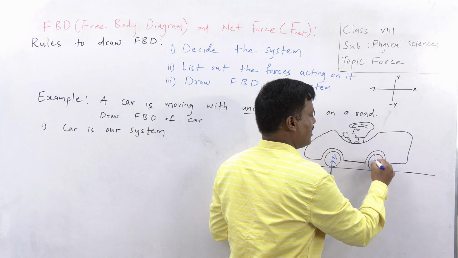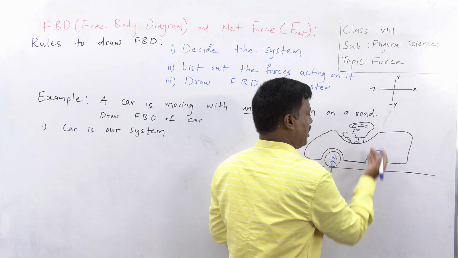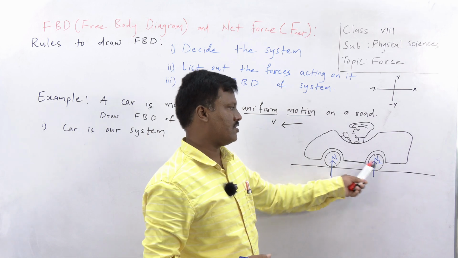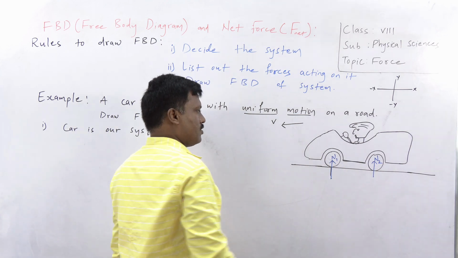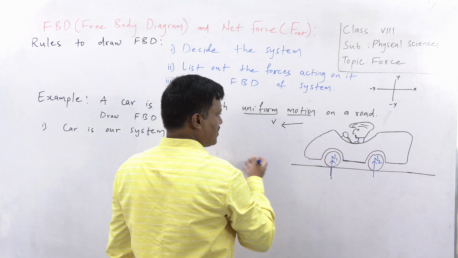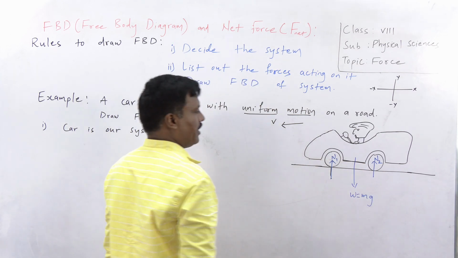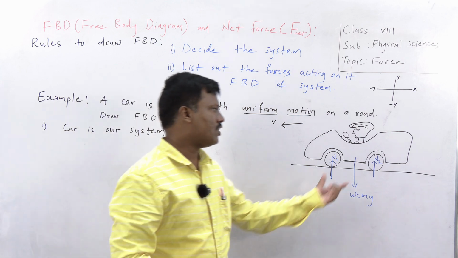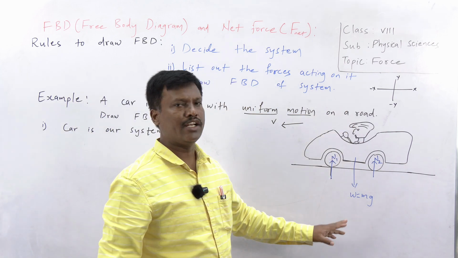So this tire also experienced normal force by the road on the tire in upward direction. There are two normal forces, N1 and N2, right? And gravitational force, another force acting. So here two normal forces are acting in upward direction, gravitational force acting in downward direction.